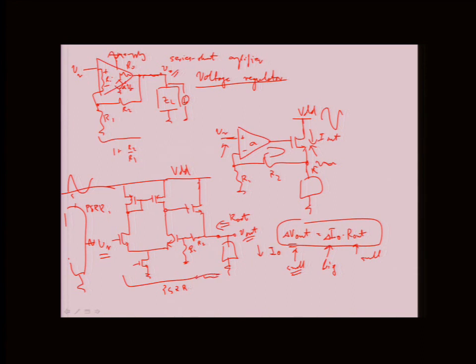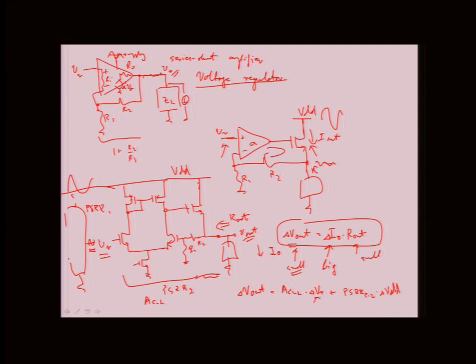Any change here will just go through whatever is the closed loop gain of the amplifier to show at the output. So you will have that delta V out will be closed loop gain times delta VR plus power supply rejection ratio closed loop times delta VDD.